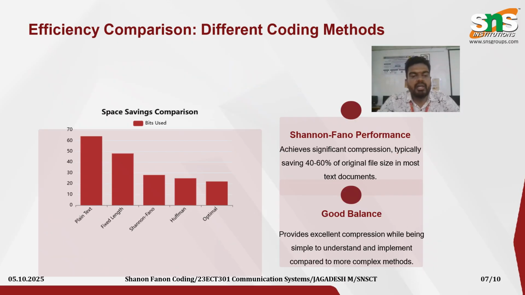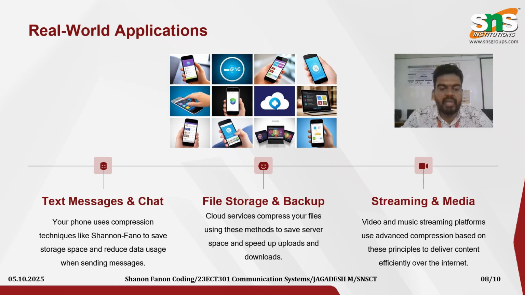And for efficient compression, different coding methods are used. One is Shannon-Fano performance. It saves 40 to 60% of the original file size in most text documents, and a good balance is possible in Shannon-Fano coding. Some real world examples of Shannon-Fano code are text and chat messages in WhatsApp and regular messages on your phone carrier, file storage and backup, and streaming and media, that is YouTube or other social media platforms.